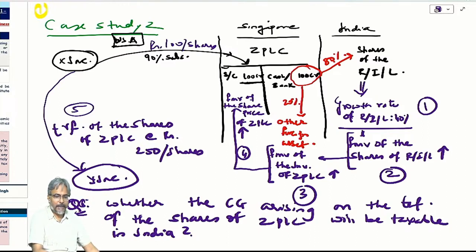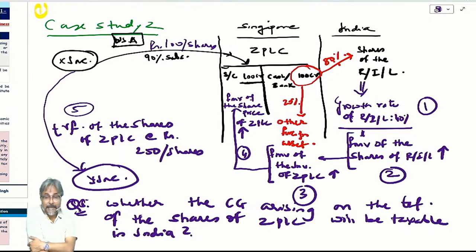What is the capital gain? 150 per share. So whether the capital gain arising on the transfer of shares of ZPLC, will it be taxable in India?